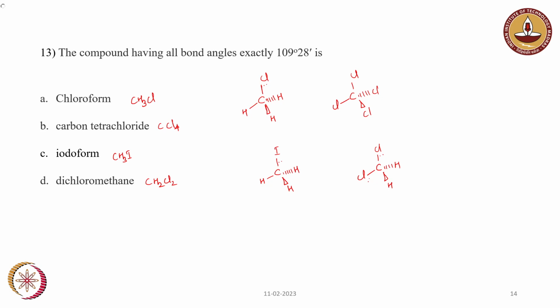So this bond will be able to move more, so the angles will become higher. In this case, all the bonded atoms are the same, so it will have perfect geometry. In perfect geometry, tetrahedral will have 109 degree 28 minutes. So option B, carbon tetrachloride, having all bonds with carbon and chlorine, will have 109 degree 28 minutes.